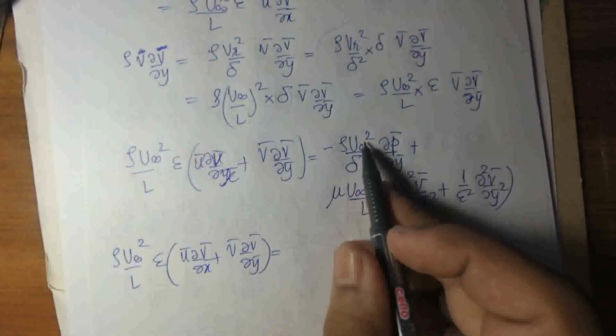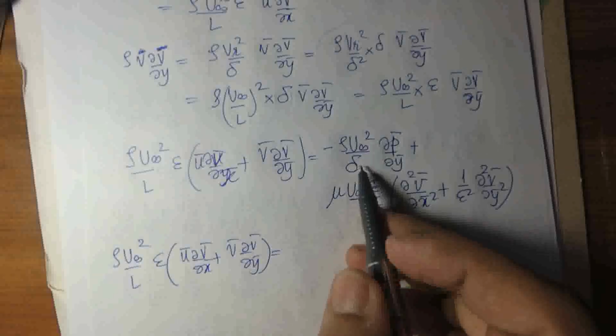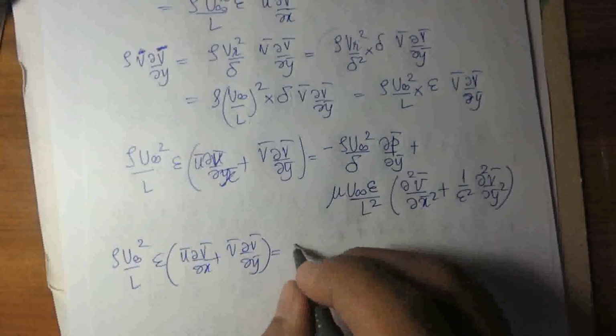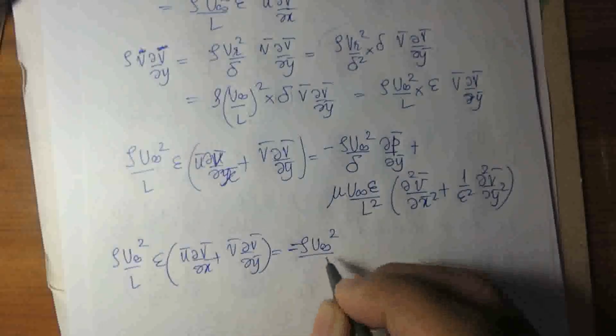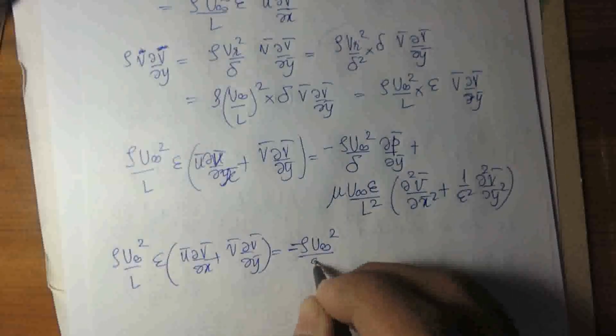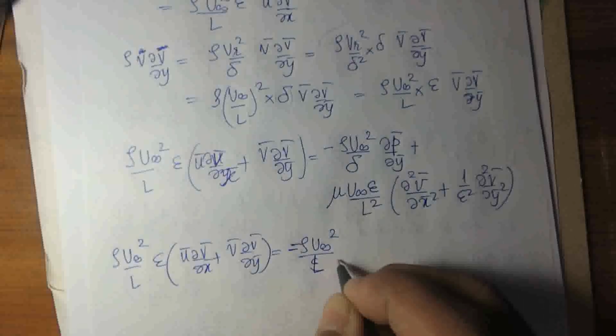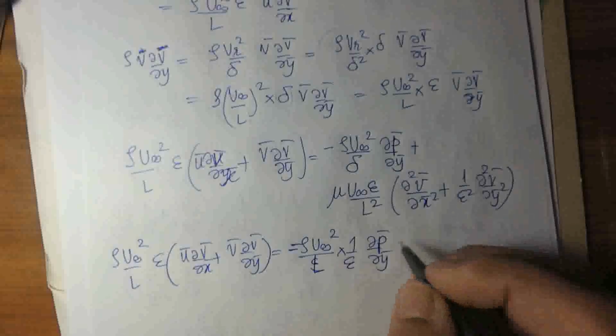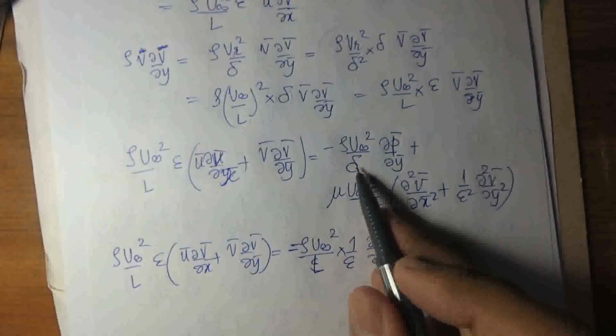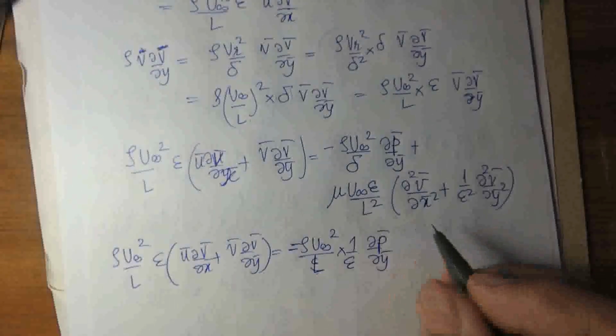Minus rho u infinity square by delta may be written as minus rho u infinity square by L into 1 by epsilon del p bar by del y bar, because by definition delta is equal to epsilon times L.